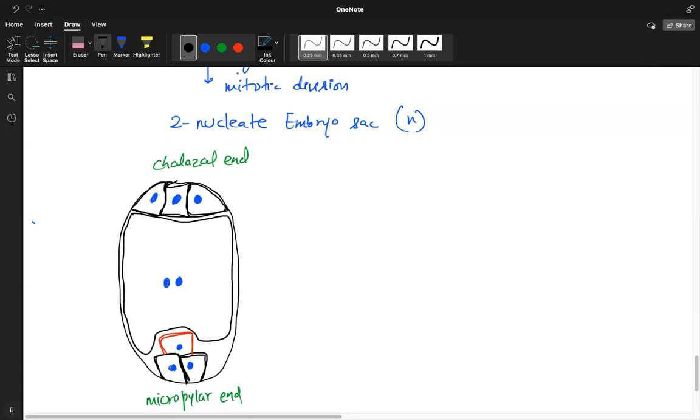Okay. So if you count the number of cells, these 3 are called antipodal cells. There are 3 antipodal cells, all haploid with a haploid nucleus. The cell in the center, which is the biggest one with 2 nuclei, is called the central big cell, central larger cell, or just the central cell.